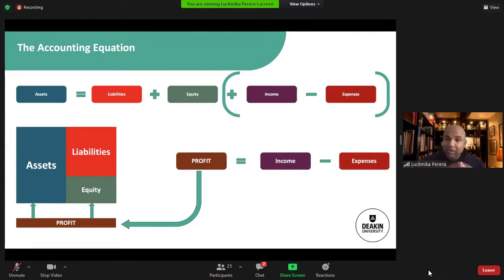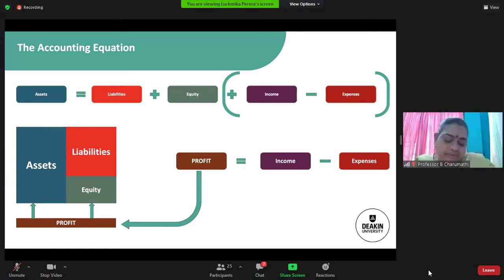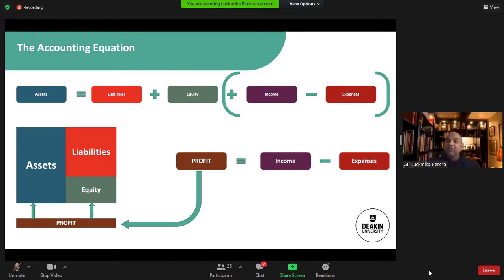Then we have the second component, which is the income and expenses, which add to the equity of the company. So we have the income through different business activities and value creation. The company generates income, and that forms part of equity, but there's also an expense component that we incur when we start generating income.